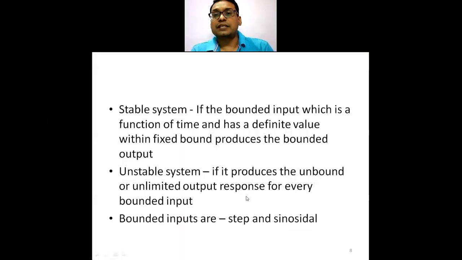So for stable systems, if the bounded input, which is a function of time and has a definite value within fixed bounds, produces a bounded output. For a bounded input, the system should be able to produce a bounded output. Then and only then do we call that system a stable system.